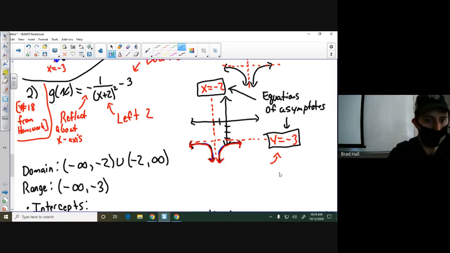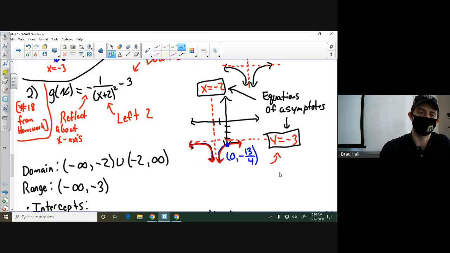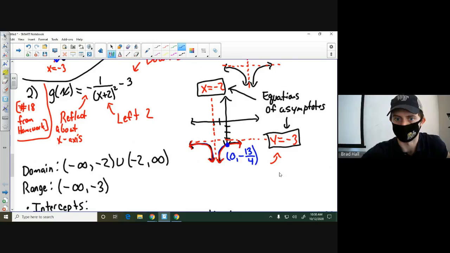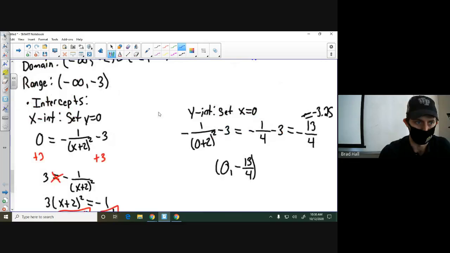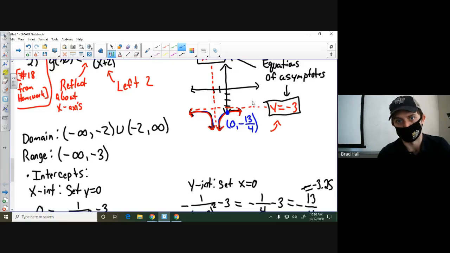That point on the graph would be right here, because it's a little bit further than the negative 3 for y. Negative 13 over 4 is negative 3.25. So just a little bit further. And so that would conclude the workbook problem. We found the intercepts, which there's only one, and we plotted it on the graph that we already have.